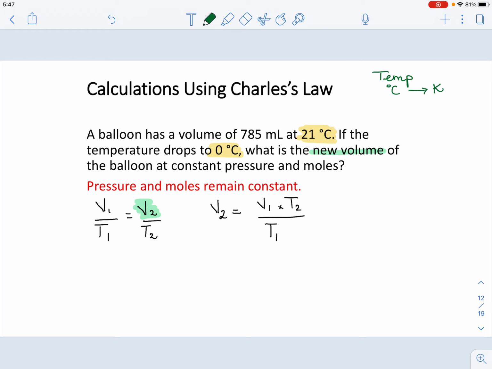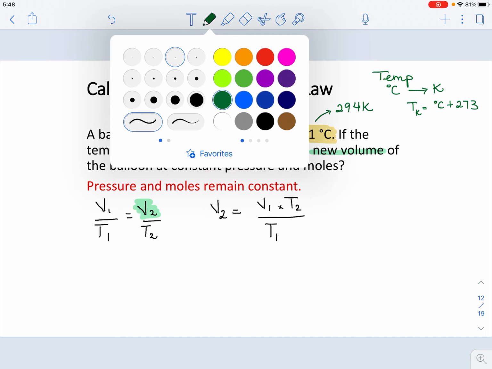In the energy chapter, we learned that temperature in Kelvin is going to be degrees Celsius plus 273. So where we have 21, we're going to do 21 plus 273. That's going to be 294 Kelvin. And then for 0 Celsius, that's going to be 273 Kelvin. And now that we changed the temperature to Kelvin, we are set up in order to do the problem.